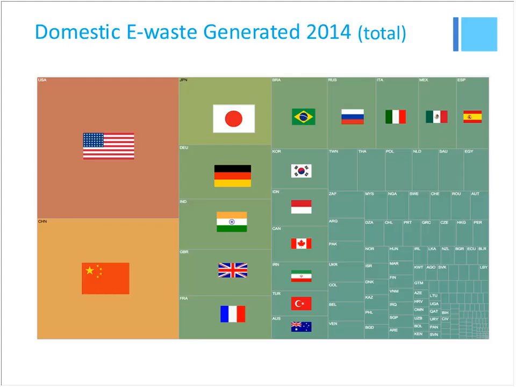If we look at the countries where this is being generated, no surprise, the US and China are the biggest domestic e-waste generators in the world, followed by Japan, Germany, but then surprisingly some of the emerging economies as well as European countries are appearing. India is here, Brazil, Russia, Mexico, and a few other countries like Turkey.